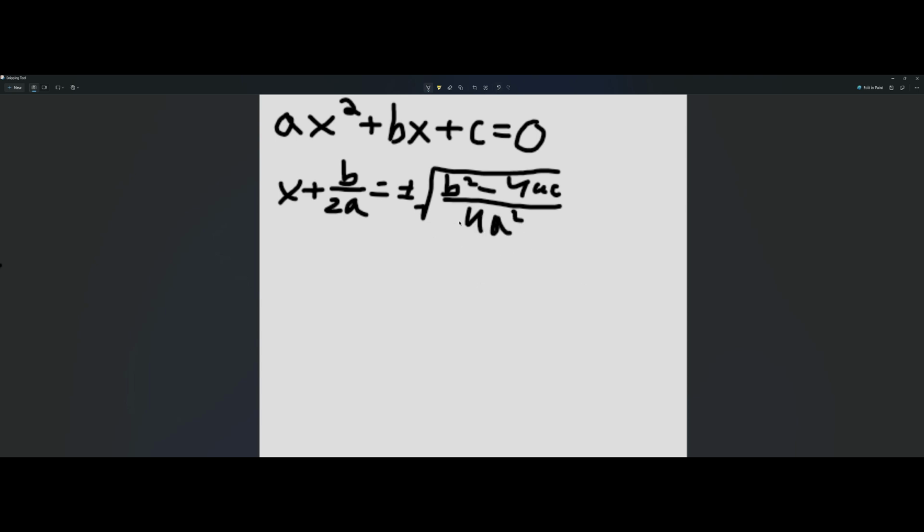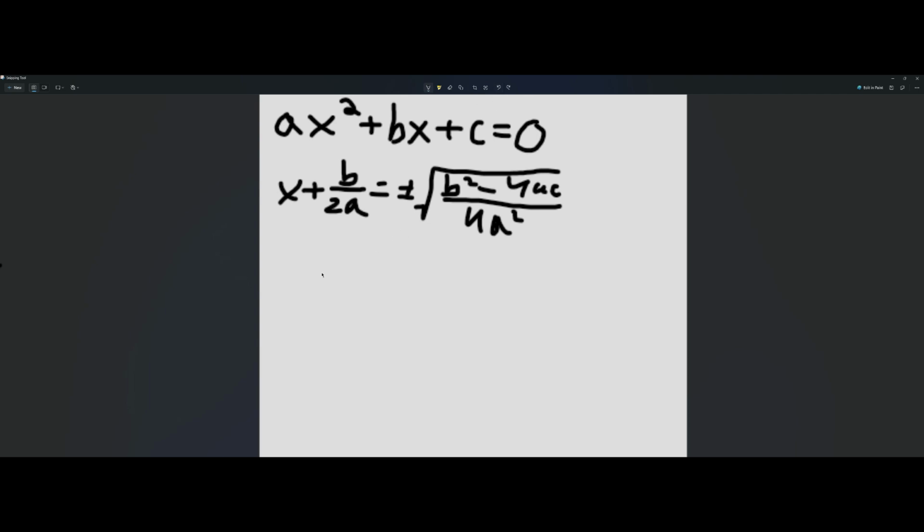And we can actually simplify our denominator here, and we can take this out of the square root because this is just 2a, because if we multiply 2a by itself, we will get 4a squared.